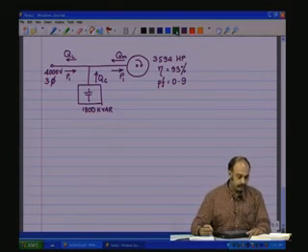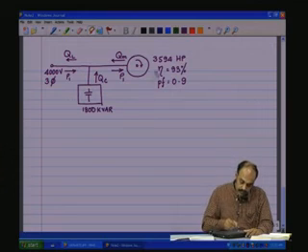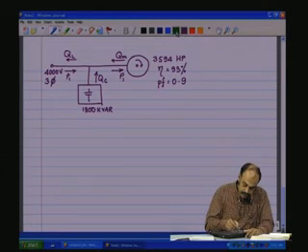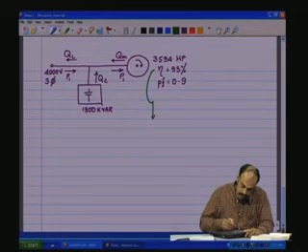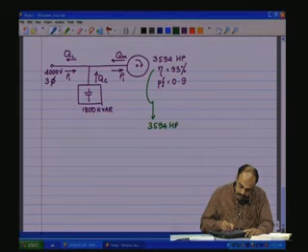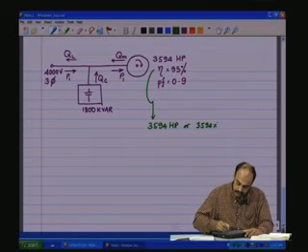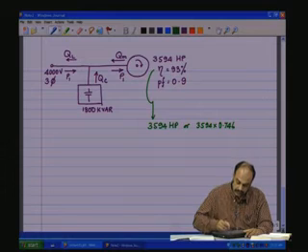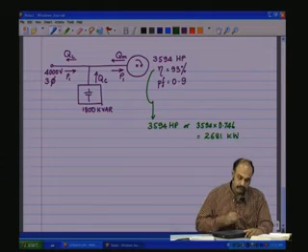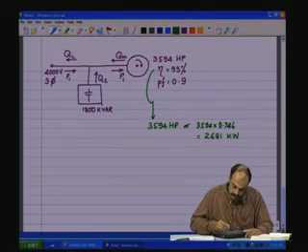So, first of all, we have an output here, which says it is 3594 HP, or 3594 into the 0.746 conversion factor, which will give you 2681 kilowatts.